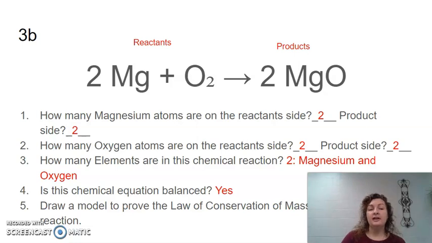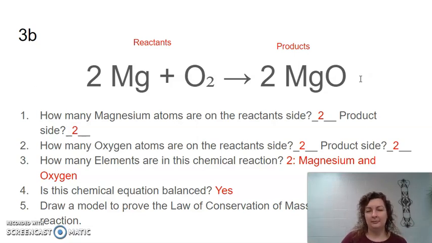So the first one says, how many magnesium atoms are on the reactant side? Well, the first thing you need to know is which side's reactants and which side's products, right? So the reactant side is going to be on the side where it's being added together, and the product side is what you end up getting in the end of the equation.